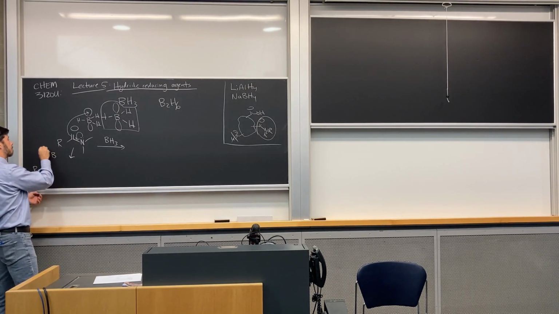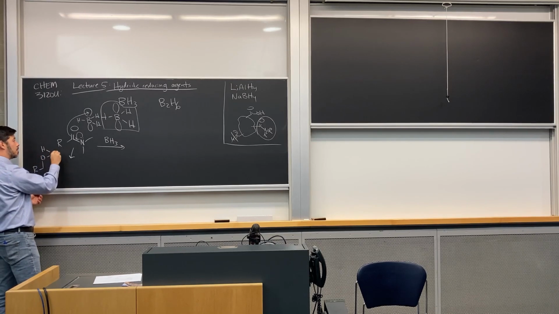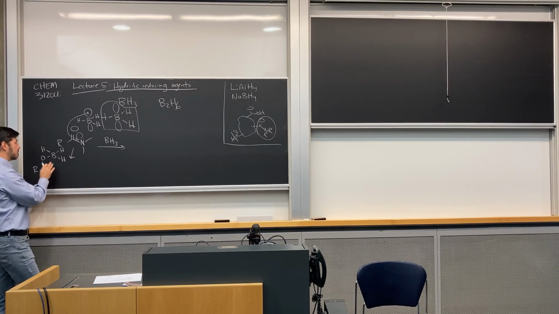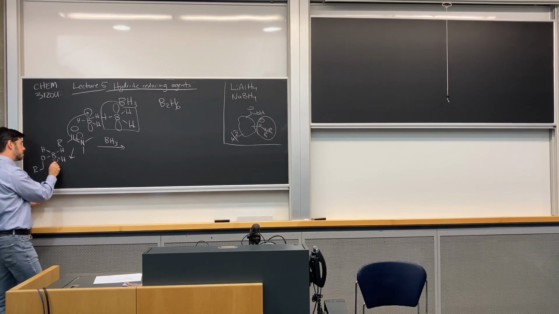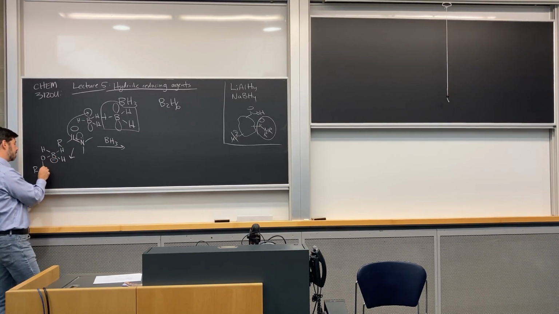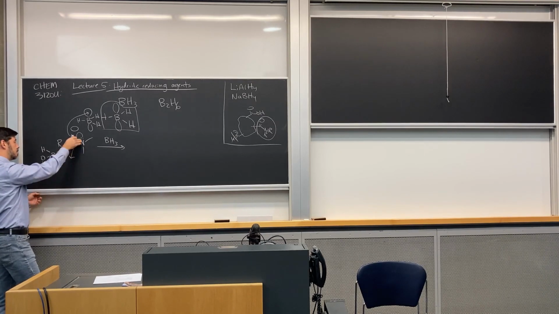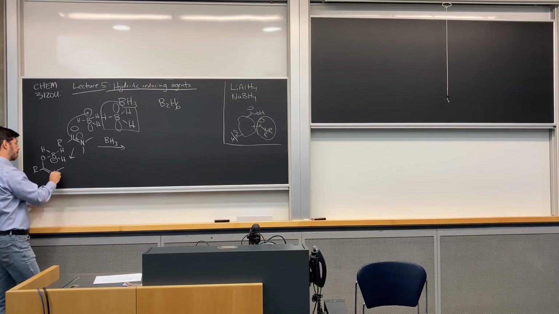So our boron now has 4 bonds. In the case up here, it was neutral, but because it has 4 bonds now, this is now negative. We form a double bond here. We now have a positive nitrogen.